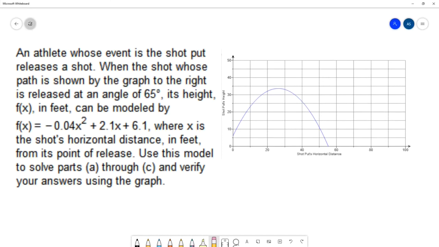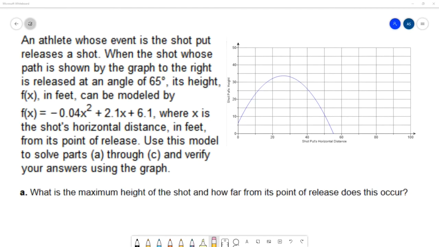So we have here the graph, which is the model of the shot put's throw. So we have the shot put's horizontal distance and the shot put's height. In part A, we want to know what is the maximum height of the shot and how far from its point of release does it occur.